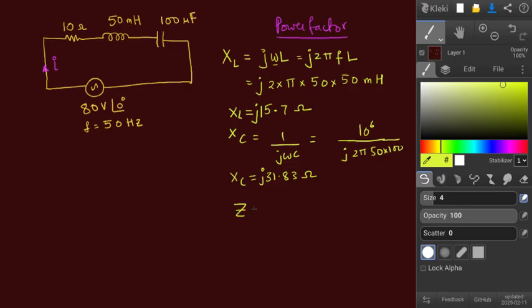So what is the total impedance? First, the resistance is 10 ohms, which is the real component. The imaginary component is 15.7 minus 31.83. So the impedance will be 10 minus j (31.83 minus 15.7).